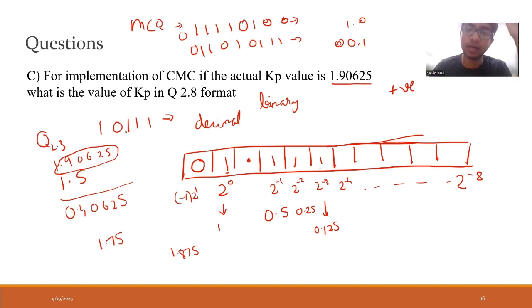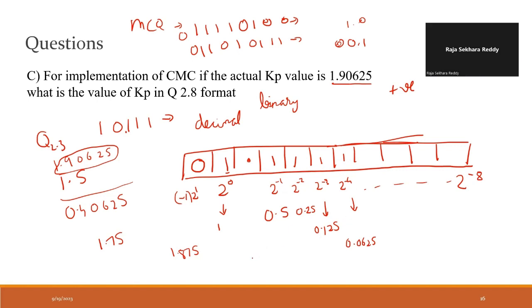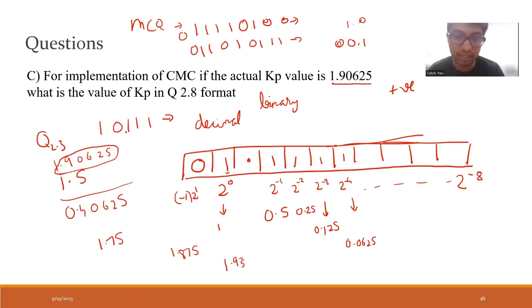Now I will go to the next bit. I will add 1 to it, and 2 raised to minus 4 is 0.0625. When I add 0.0625 to 1.875, it becomes 1.9375.